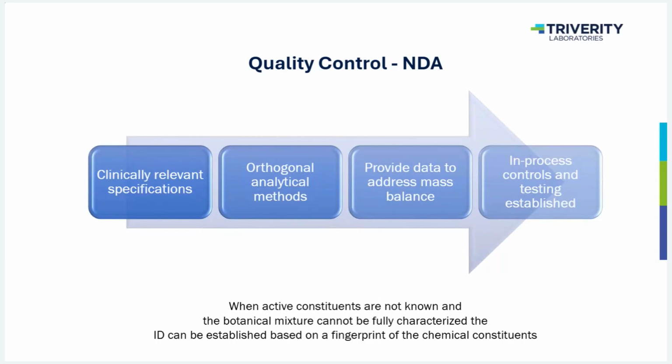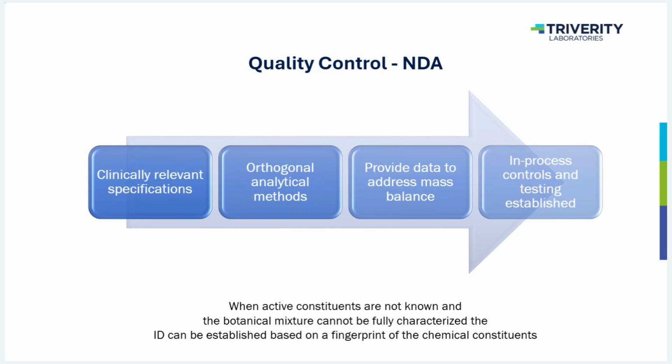So in the NDA, you want to have clinically relevant specifications, and we've talked about this a little bit already. You need to be able to tie your specifications, whether that's for chemical assays or biological assays, back to clinical studies where the therapeutic effect was demonstrated. You're going to need to have orthogonal analytical methods.